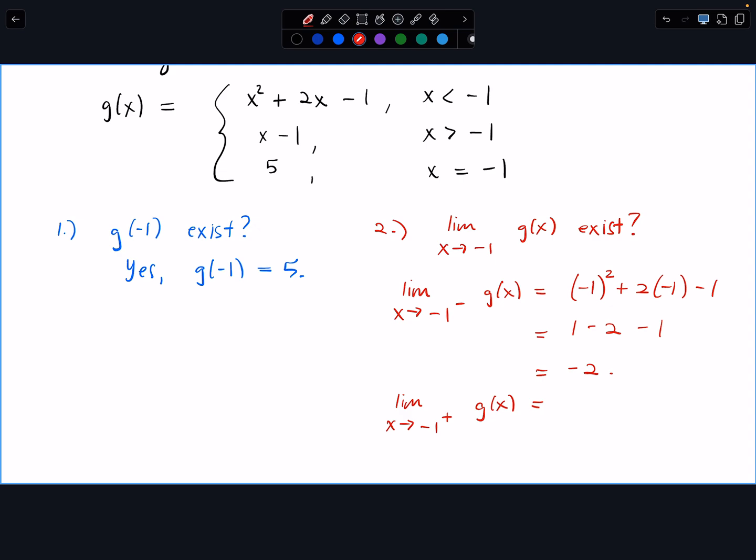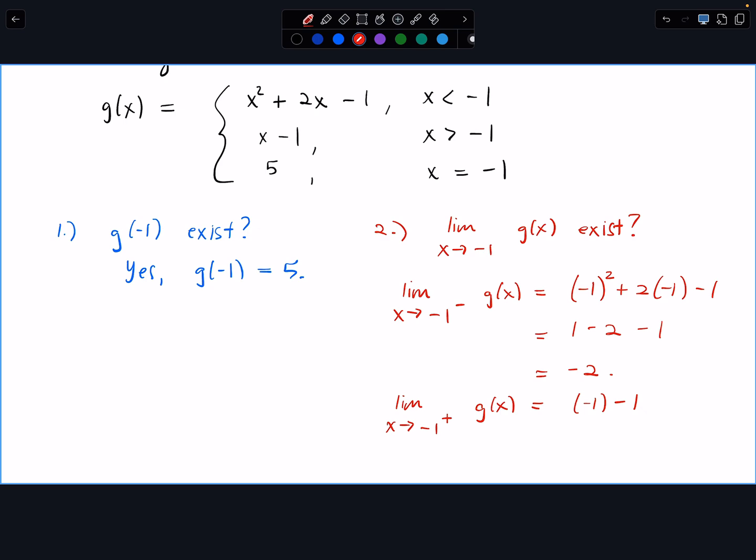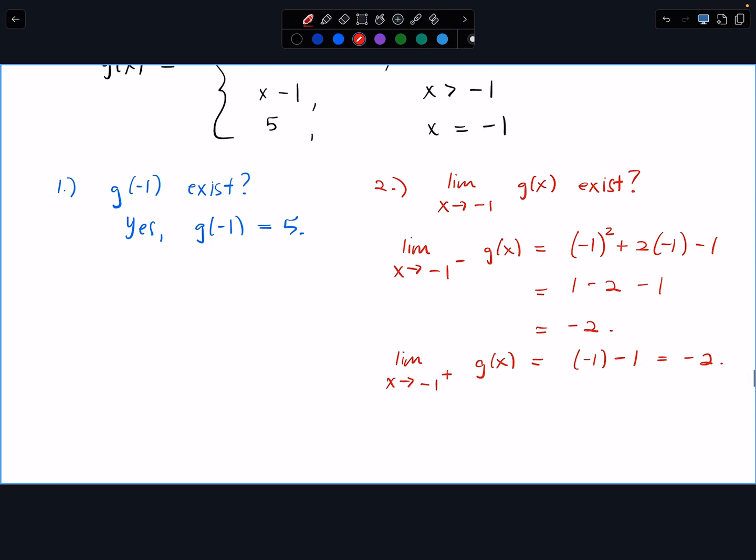Middle. So if I plug it into the middle, that's just -1 minus 1, which is -2. Are we happy? Yes, because what does that mean? The limit exists. So I could say, therefore, the limit as x approaches -1 of g of x is equal to -2. So it does exist. So check.